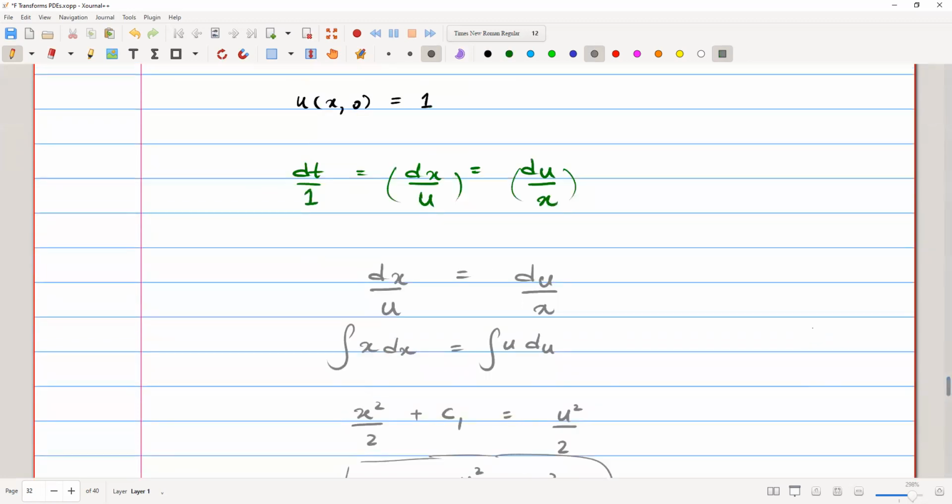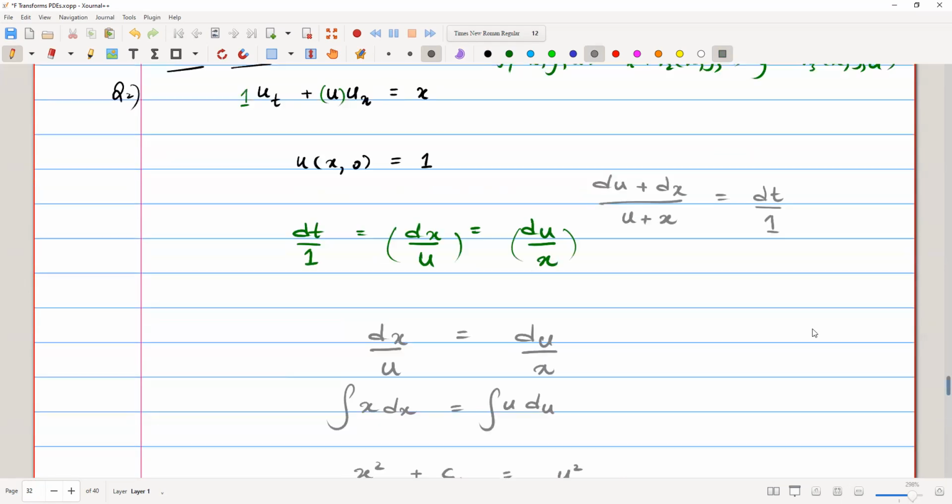And now for the second one, what we can do here is, if we add these in this manner, that du plus dx over u plus x equals dt, then we are also going to get a curve from here, because we know that if these three ratios are equal, then the sum of the ratios in this manner, the numerators and denominators, is also equal to the ratio.